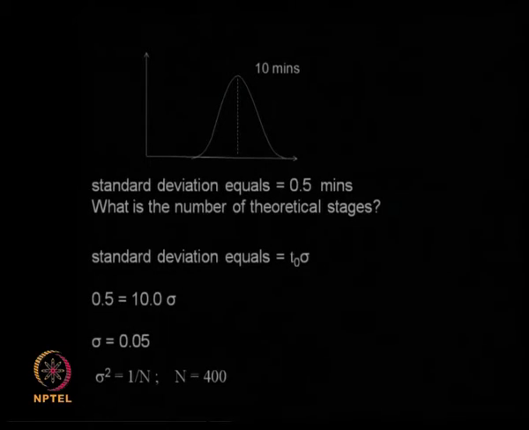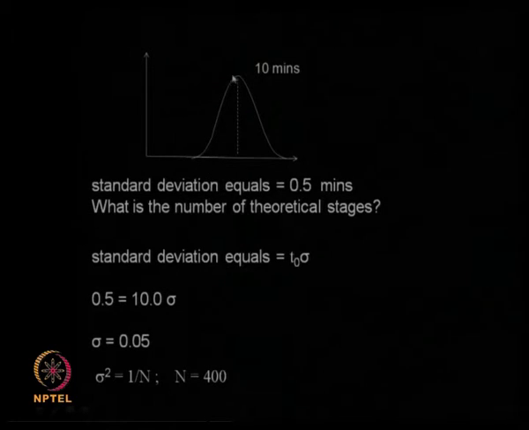Does it have a large number of stages or a small number of stages? If you are buying a packed column from a vendor, we generally ask how many stages it has: 400 stages, 500 stages, 1000 stages, 2000 stages. By looking at what the vendor is saying, and when we know the number of theoretical stages, we will be able to tell the width of this particular peak. Why is it important?